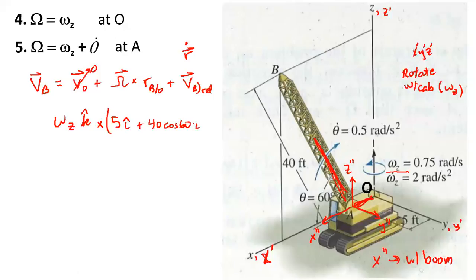That was just A to B, not O to B, sorry. Oh, okay. Did I do that? I think I did that all right. Okay. Does that make sense, everybody? So that's from O to B.